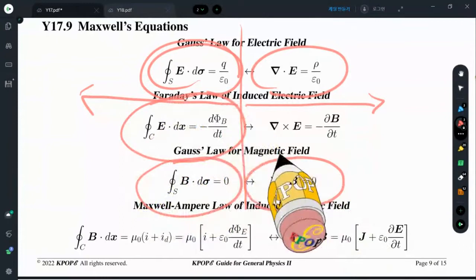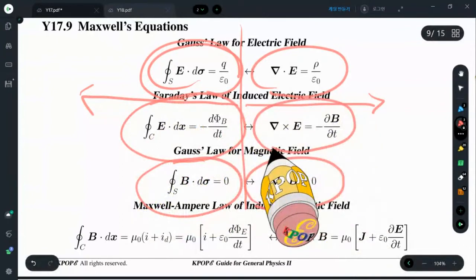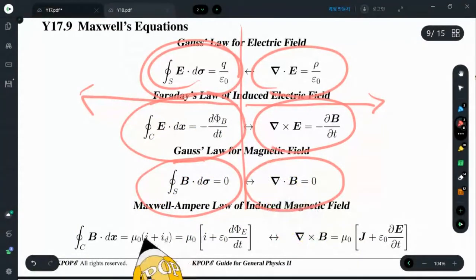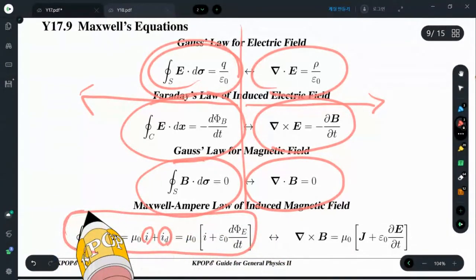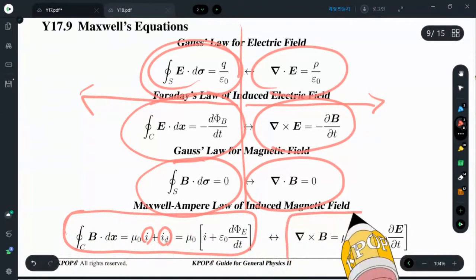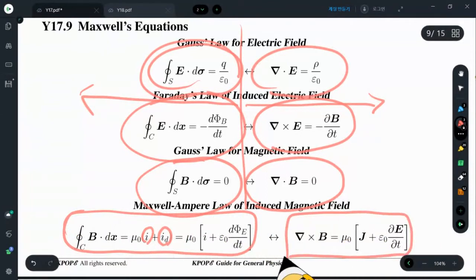And this is Faraday's law, with its differential form. And this is Ampere's law, and including the displacement current, we can construct Maxwell-Ampere's law. The differential form for the Maxwell-Ampere's law is given in here.